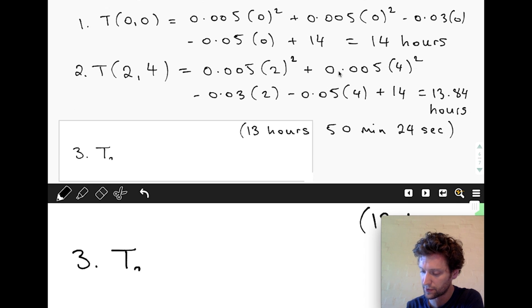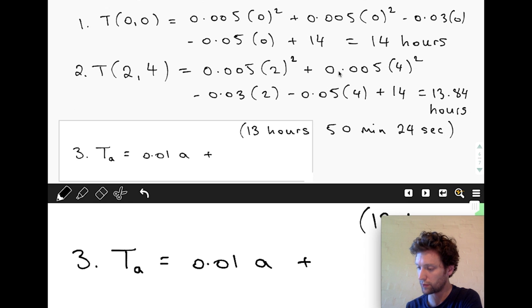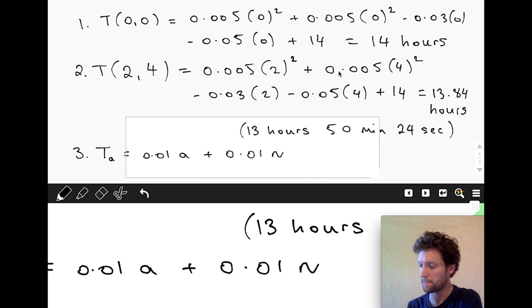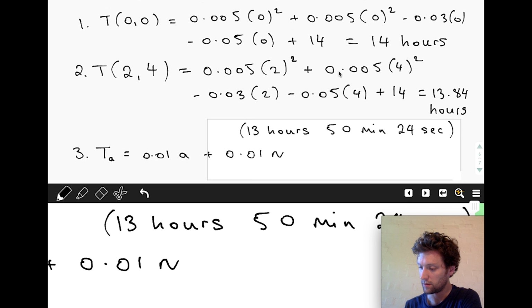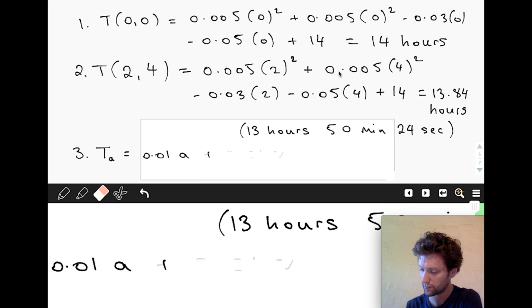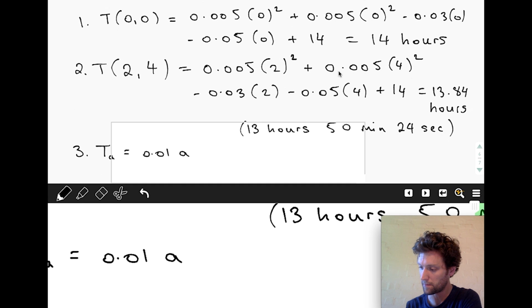Take the first derivative of T with respect to A. T_A is going to give me 0.005 times 2A, which is 0.01 times A, minus 0.03.